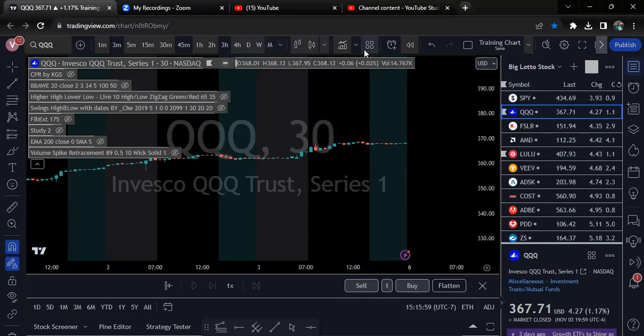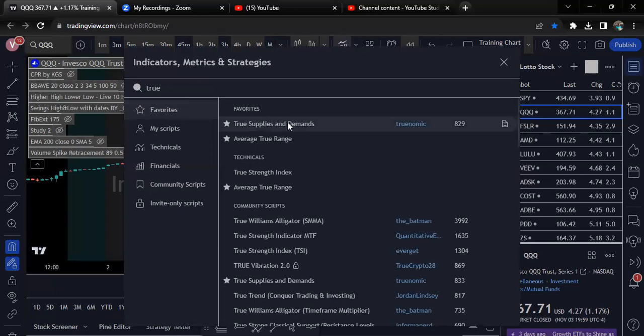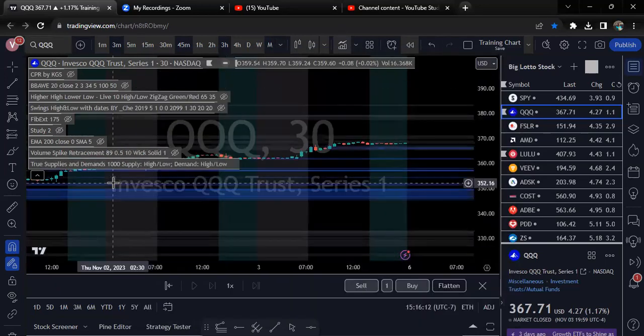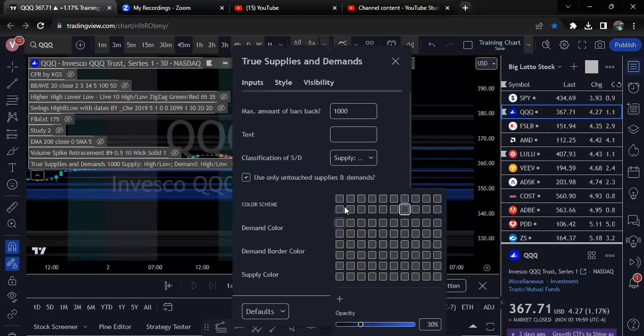Or you can use this where you see demand and supply, the one I've given you guys earlier. You want to have a visual of if this stock is going back, where is it going back to? And you want to have it mostly on a higher time frame. Now you have to change your color. This one, the demand is blue. You can change it to green.